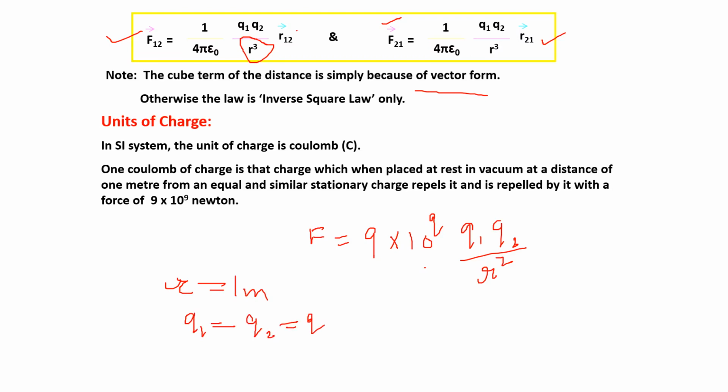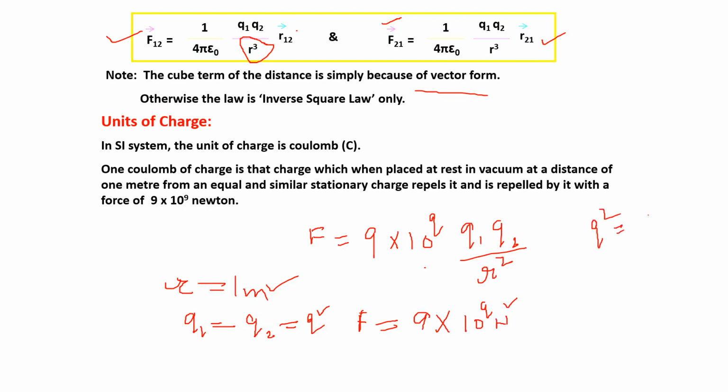So if we choose the distance between the two charges 1 meter and both charges are equal and the force between them is this, then if we put these values here, Q square will come out to be 1, means Q equal to plus minus 1 coulomb. So this is the 1 coulomb charge.